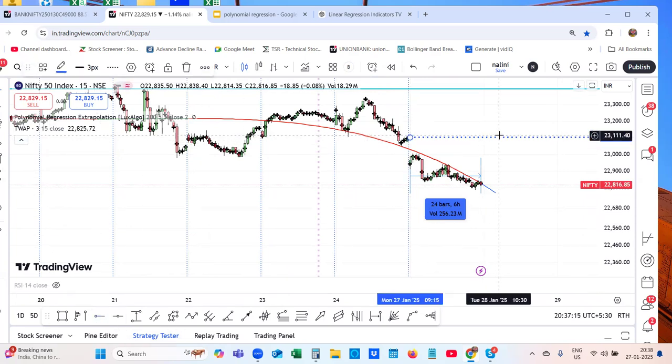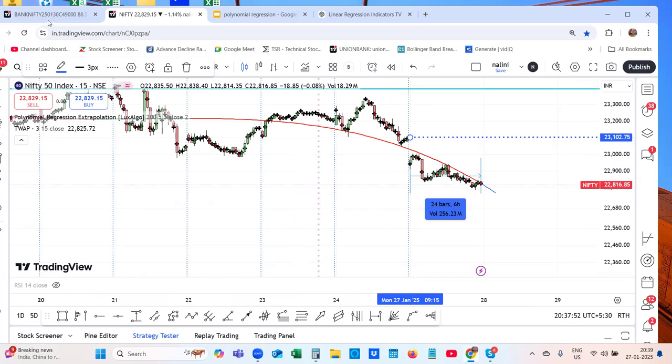So for intraday, you can utilize this as stop loss and also reference TWAP. With this polynomial regression line, the price is below that. When price gapped down and was testing this polynomial regression line, your strategy is to sell on rise. From here, if you would have sold, or if you would have taken a put option, you could have made money.